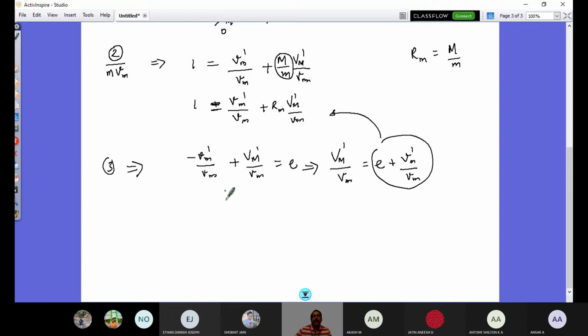So now this is going to be like this: 1 equals small Vm dash by small Vm plus Rm, and in this place I'm going to replace it by this, E plus small vm dash by Vm.